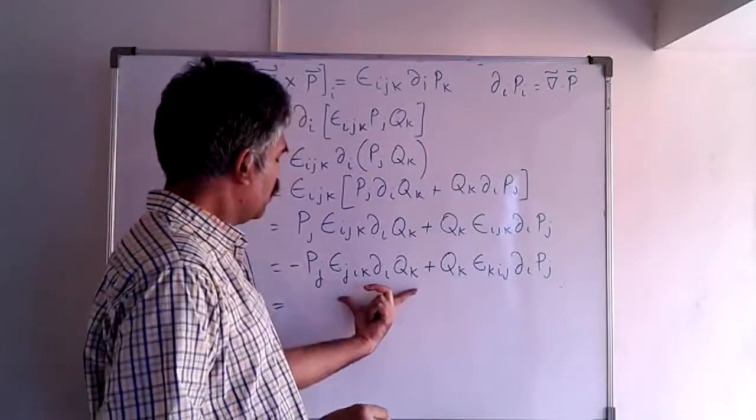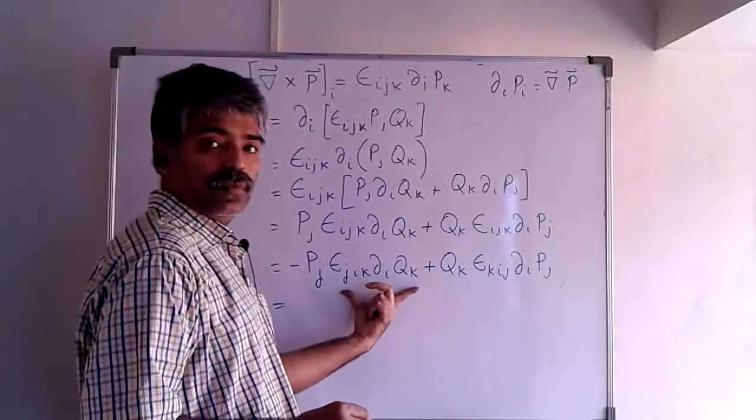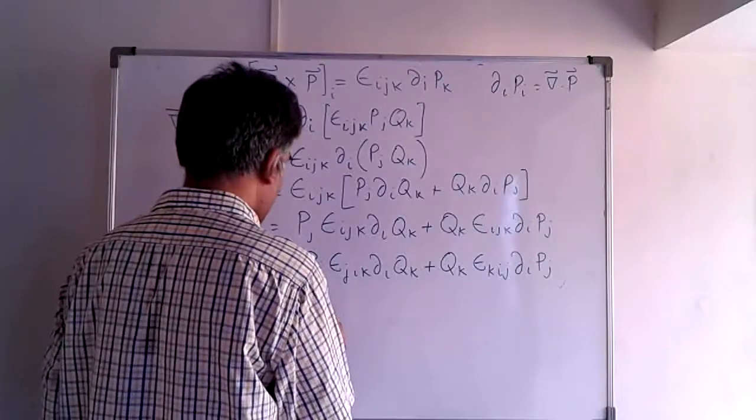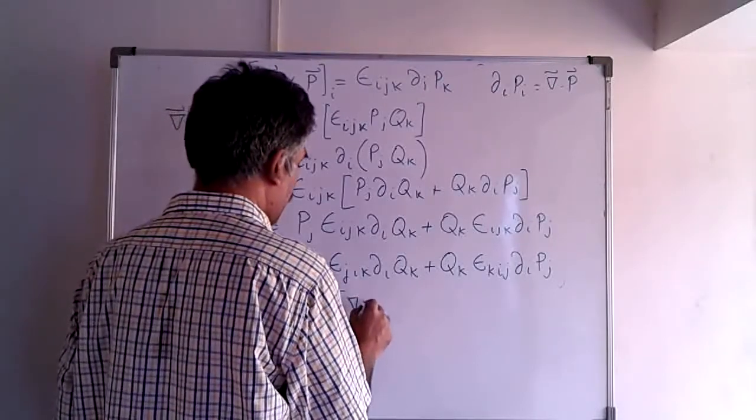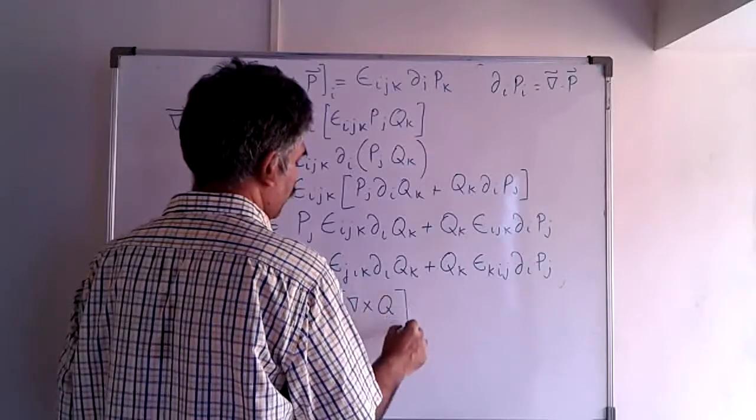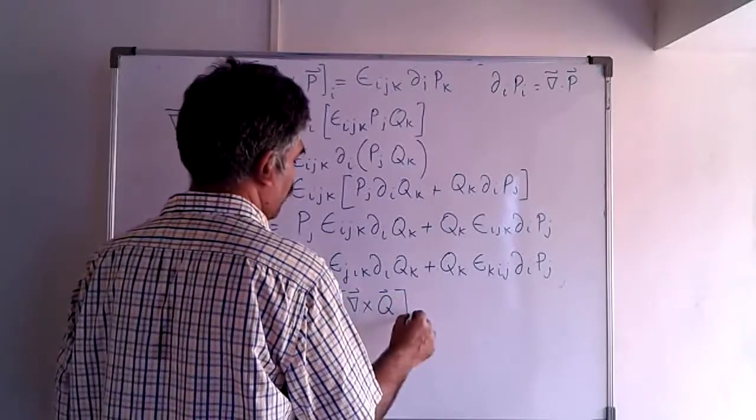Now what is this? This is minus pj, and this is basically del cross q, and the component will be j.